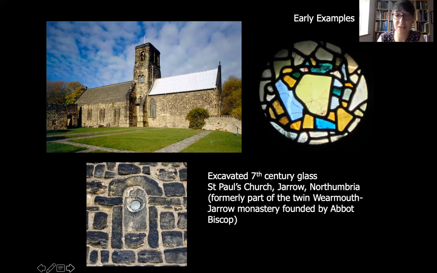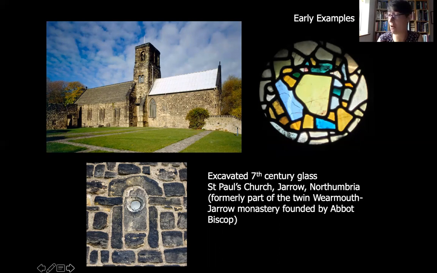This was actually the site of a twin monastery, one at Jarrow, one at Wearmouth, so two Anglo-Saxon monasteries. And these pieces of glass, which you can see are all unpainted, were actually excavated from the ground. So this roundel is not how it would have appeared in the Anglo-Saxon period, but the pieces of glass are thought to have been Anglo-Saxon window glass used in stained glass windows.